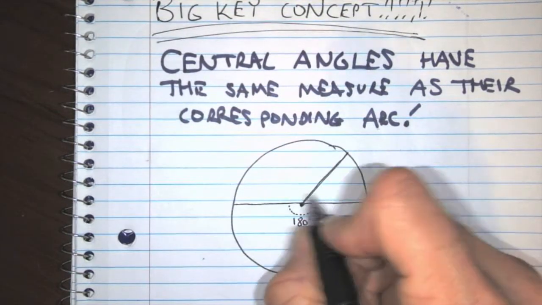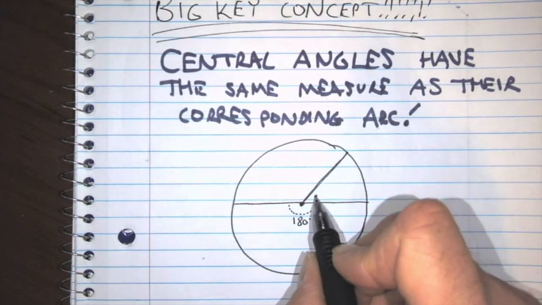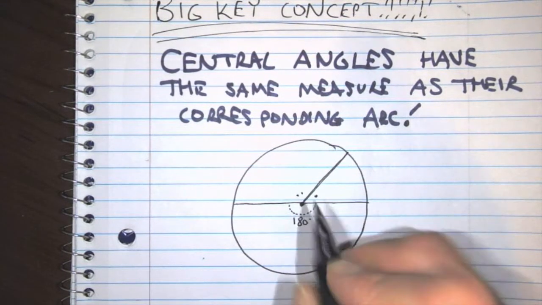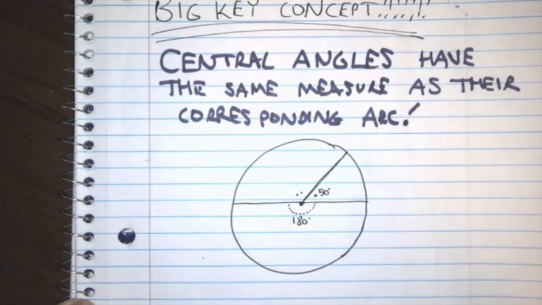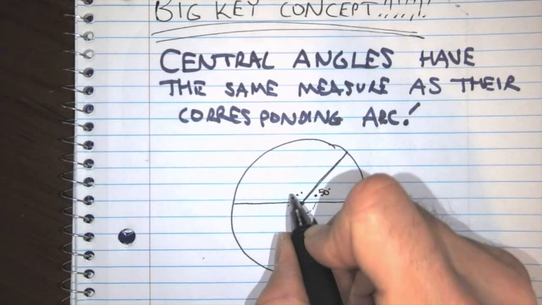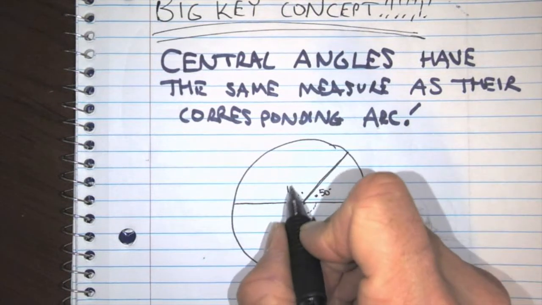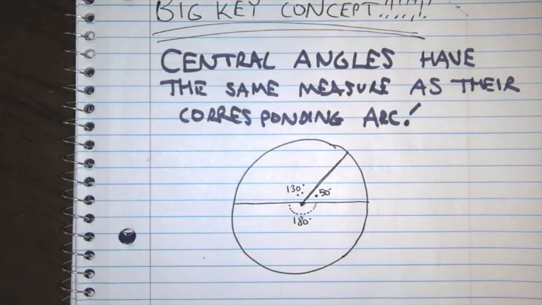We have an acute angle on the right and an obtuse angle on the left. Let's call this a 50-degree angle. And that's a linear pair. These two have to add up to 180 degrees, so that's got to be 130 degrees.